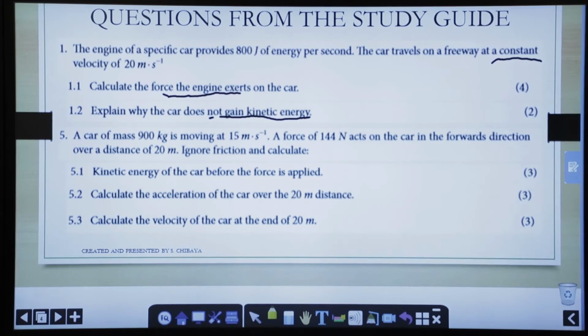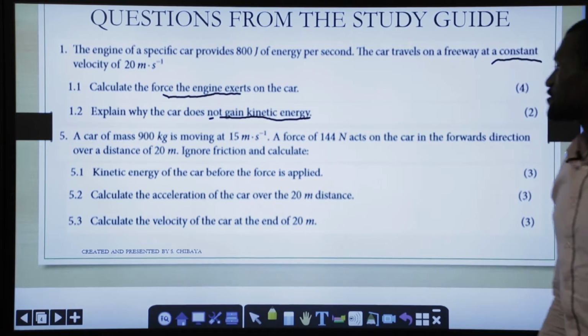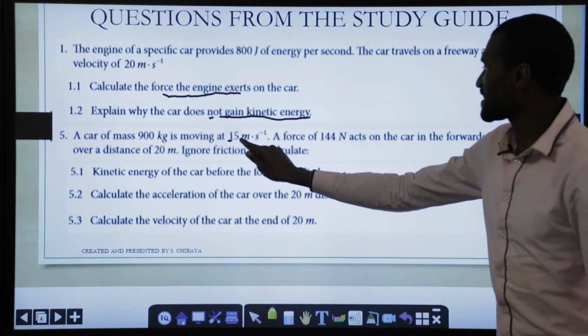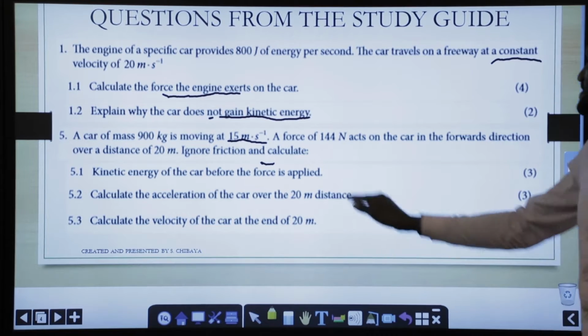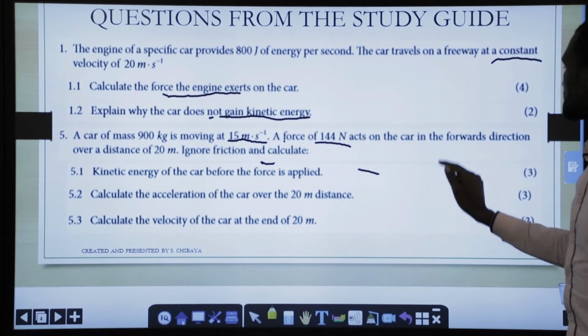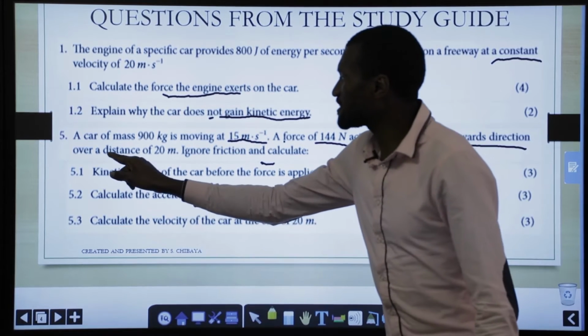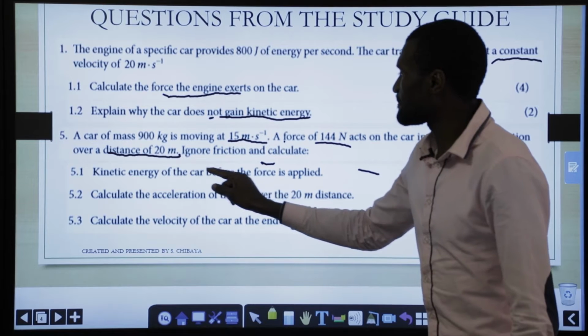Let's move on to another question. Question number 5, which says, a car of mass 900 kg is moving at 15 meters per second and a force of 144 newtons acts on the car in the forward direction over a distance of 20 meters.